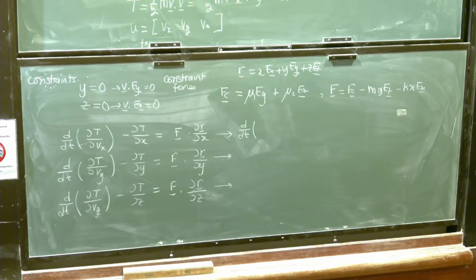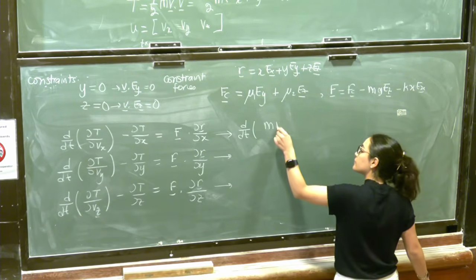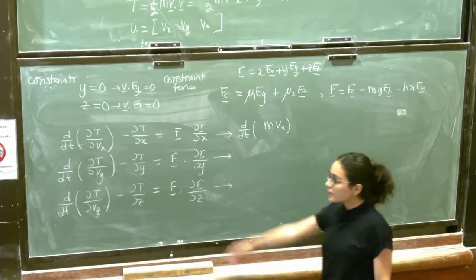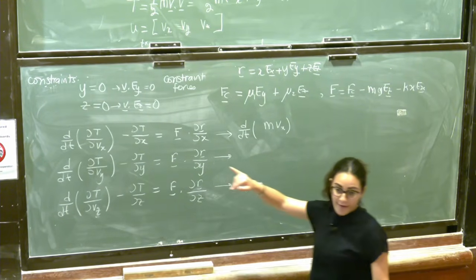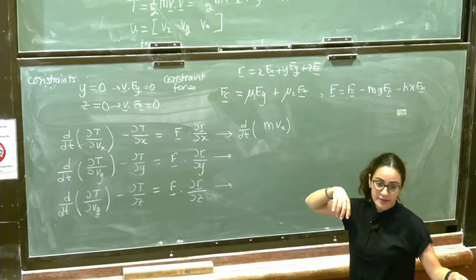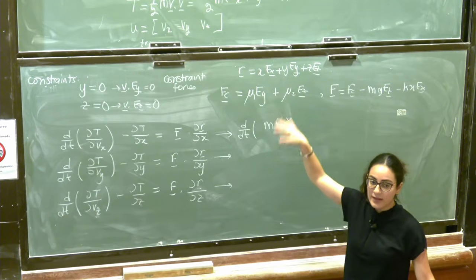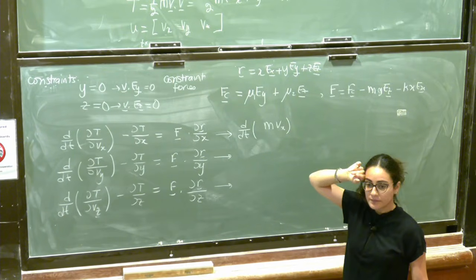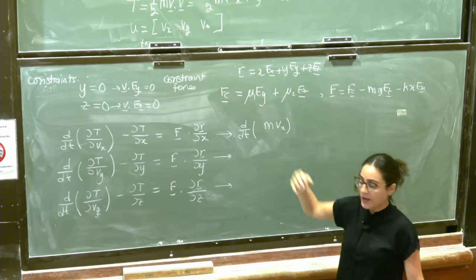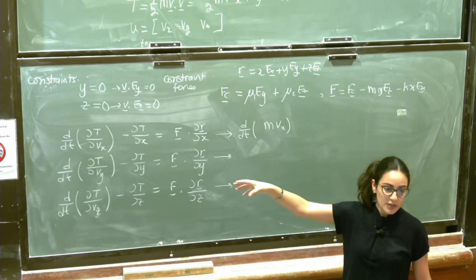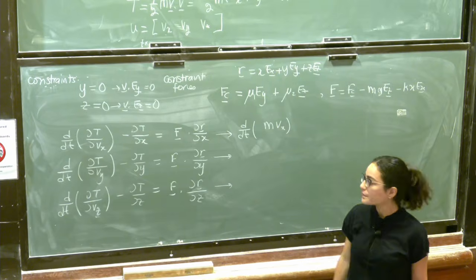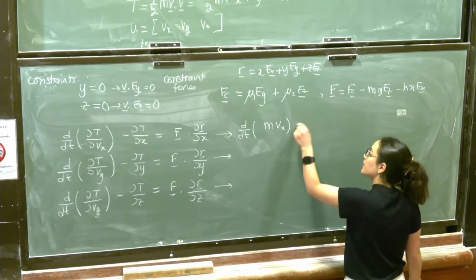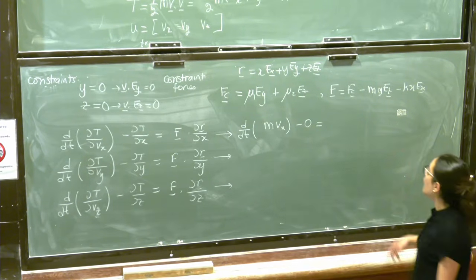Half m (vx squared plus vy squared plus vz squared). So it's m vx, right? Now, what about the partial derivative of the kinetic energy with respect to x? Does the kinetic energy depend on x at all? No, it depends on vx, but not x. So what is this partial derivative going to be? 0. Okay. Minus 0 is equal now to F, which is this.